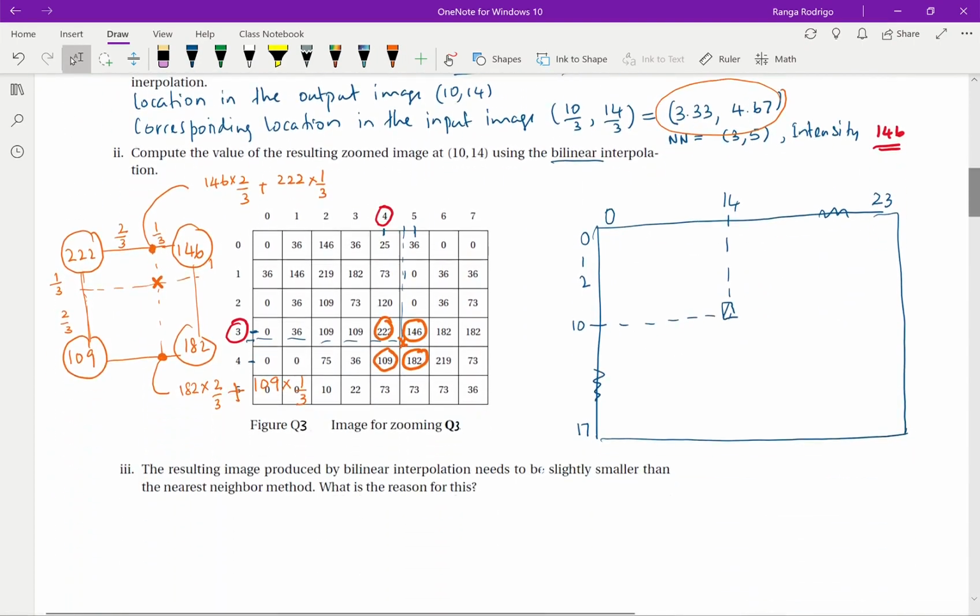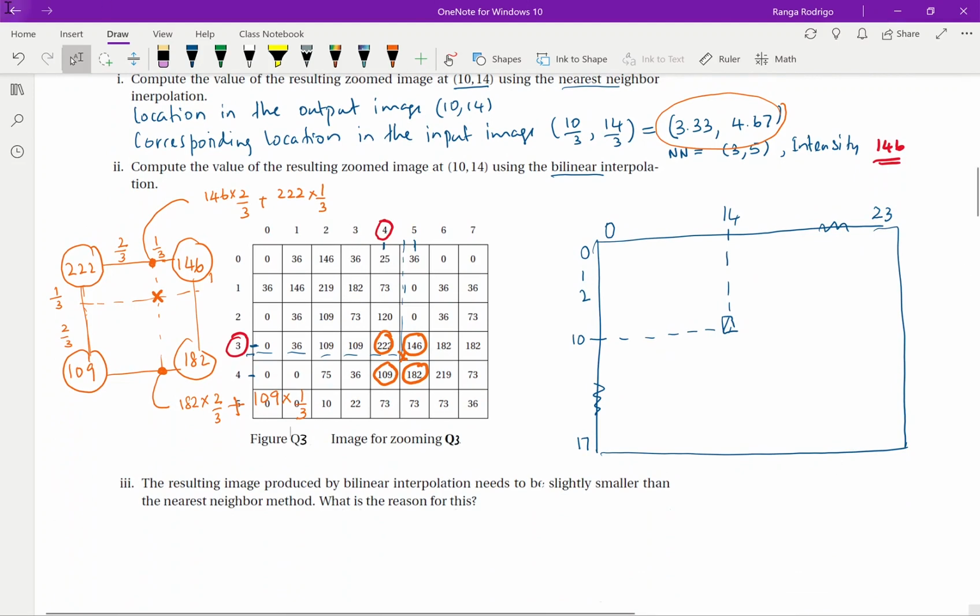So sorry, we have to do those computations now. So we have to pull up the calculator and do this. 146 multiplied by 2 divided by 3, then 146 divided by 3.